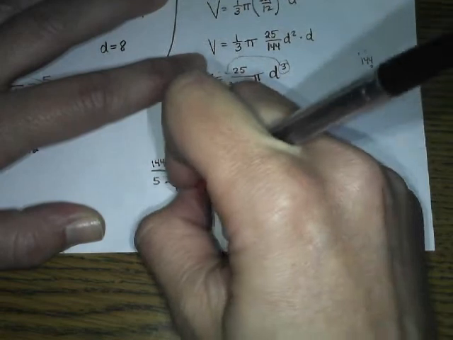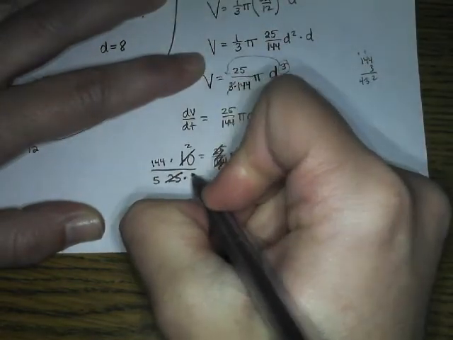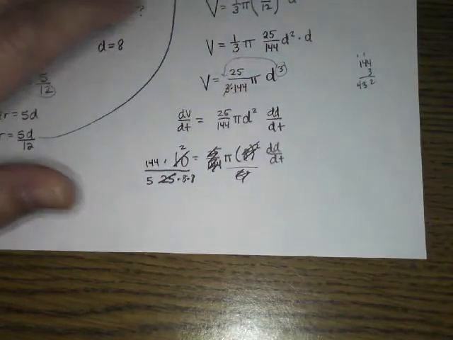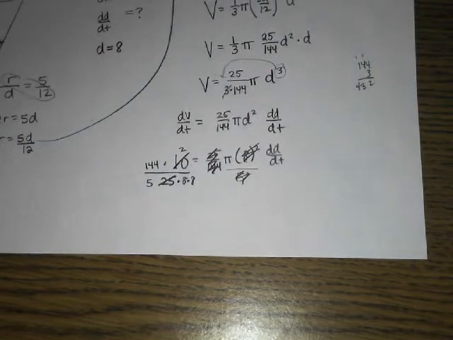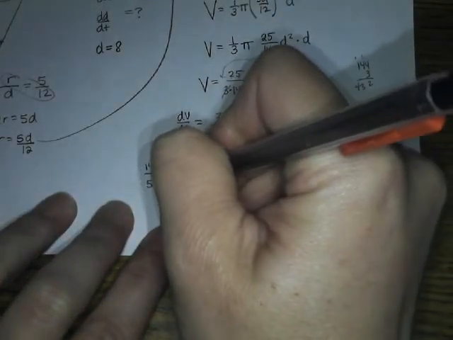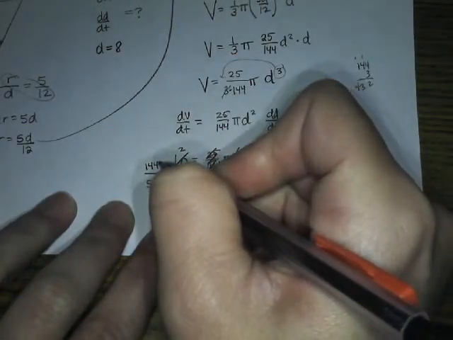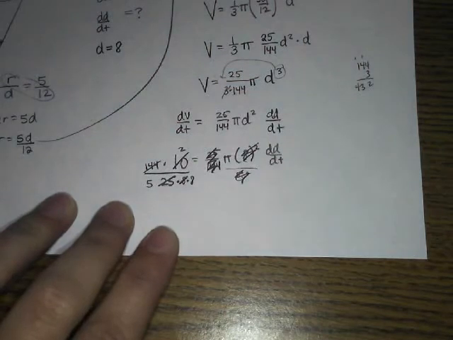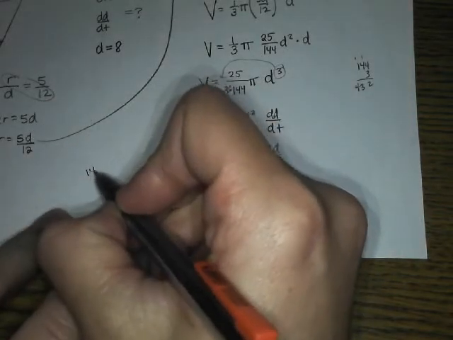And the reason I'm thinking that is because then I can reduce the 144 and the 8. They're both divisible by 4? 8. Oh, nice. So one of these 8s cancels completely. And 144 divided by 8 is 18. Yep.